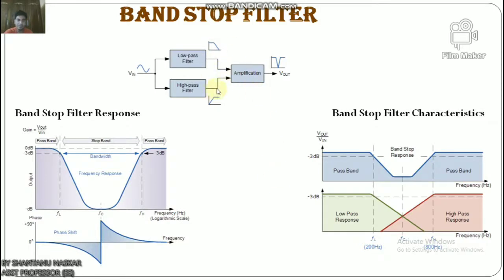As shown above, all the input frequencies below 200 Hz would be passed unattenuated to the output by the low pass filter. Likewise, all input frequencies above 800 Hz would be passed unattenuated to the output by the high pass filter. However, an input signal frequency in between these two cutoff points of 200 Hz and 800 Hz, that is FL to FH, would be rejected by either filter, forming a notch in the filter output response.